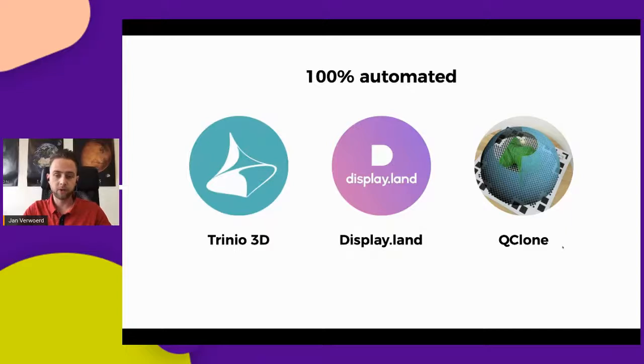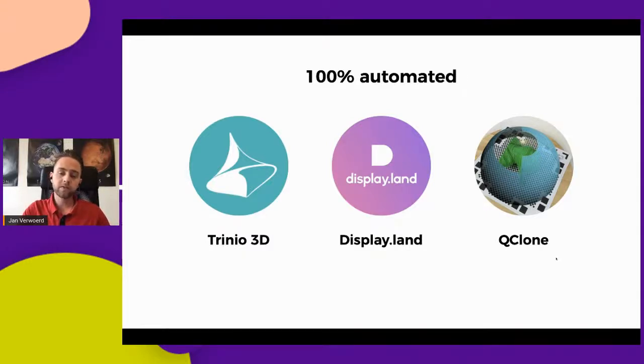That's also the same for Display Land, which is the best one out there at this moment in time, especially for environments. So Trinio is more for objects, and Display Land is more for environments. Then you have the CubeClone app, which is available for iOS and Android, and is also a very good app.